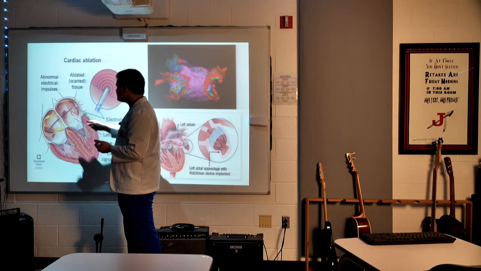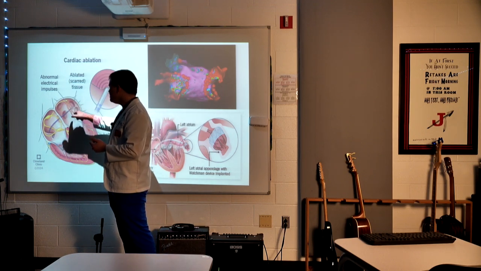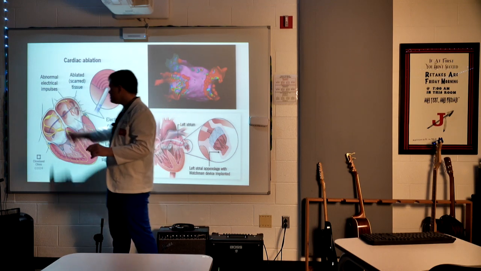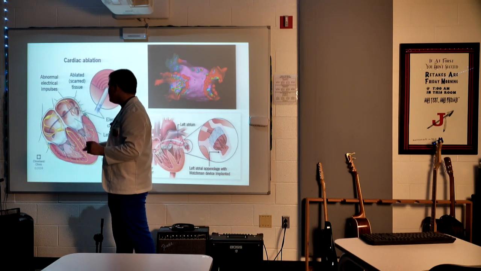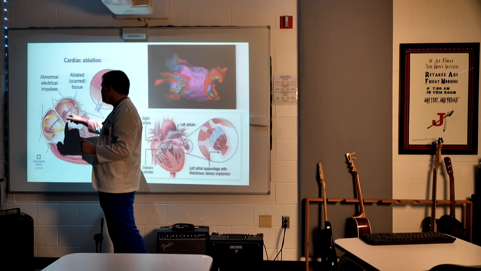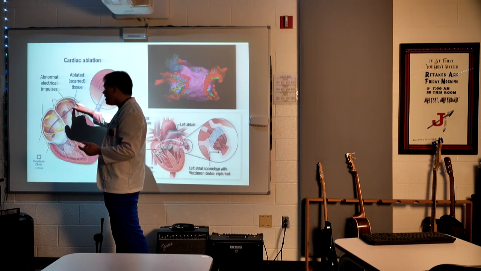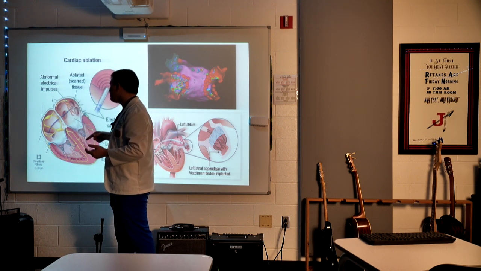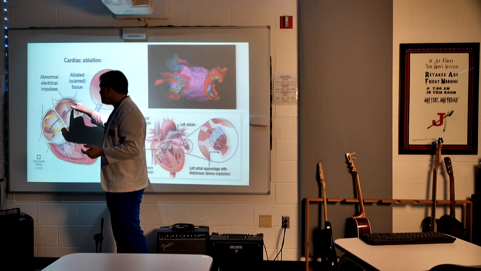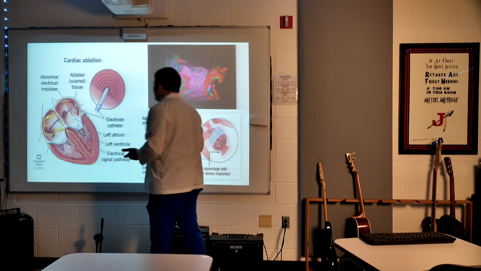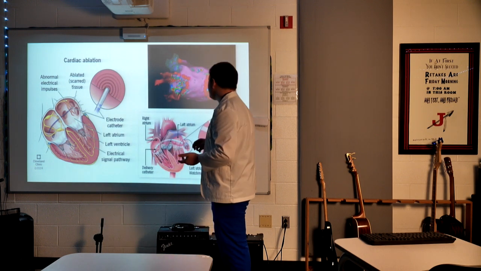So we can take it to those areas that are creating those random starting points. We want our starting point to be here at our SA node, but instead our starting points are all over the place. So we can take this little electrode and say, it looks like a starting point is right there. And in order to get rid of it, you just burn it. If you burn that point, it'll no longer create that electrical impulse.